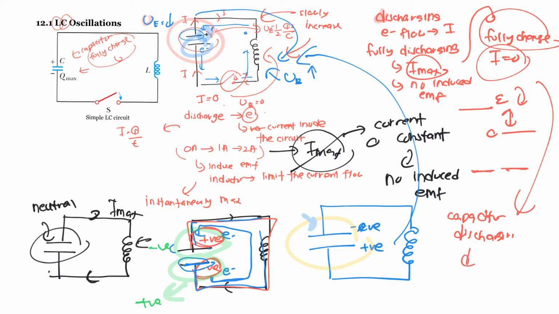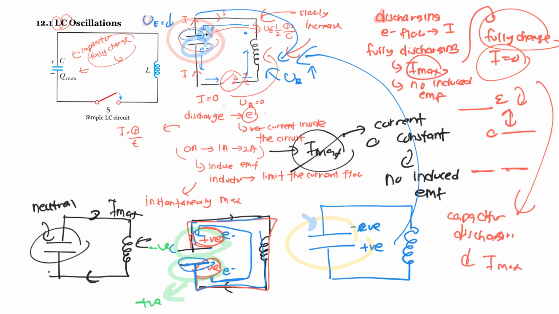Once the capacitor is fully discharged, it is going to have an I max at that particular time, and then it is going to fully charge back. So the capacitor is going to charge, and the current inside the circuit starts to have I max or I0, and that's the reason why we call it the LC oscillation.